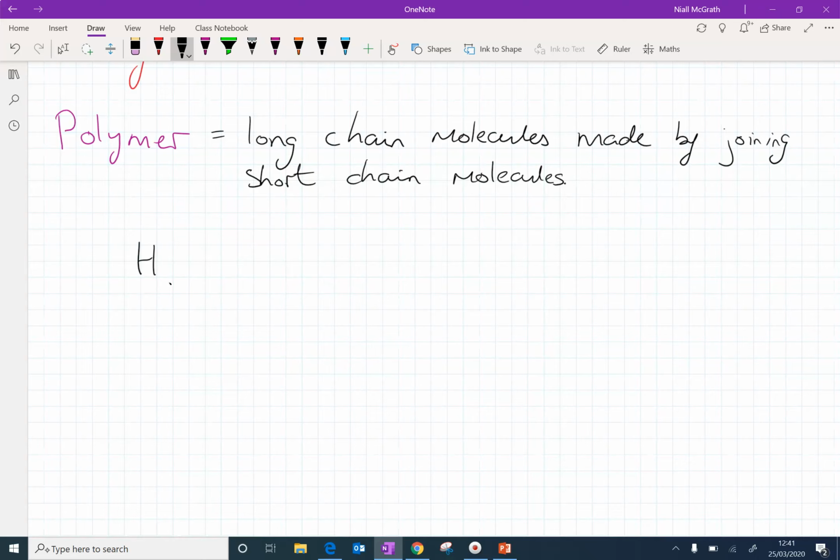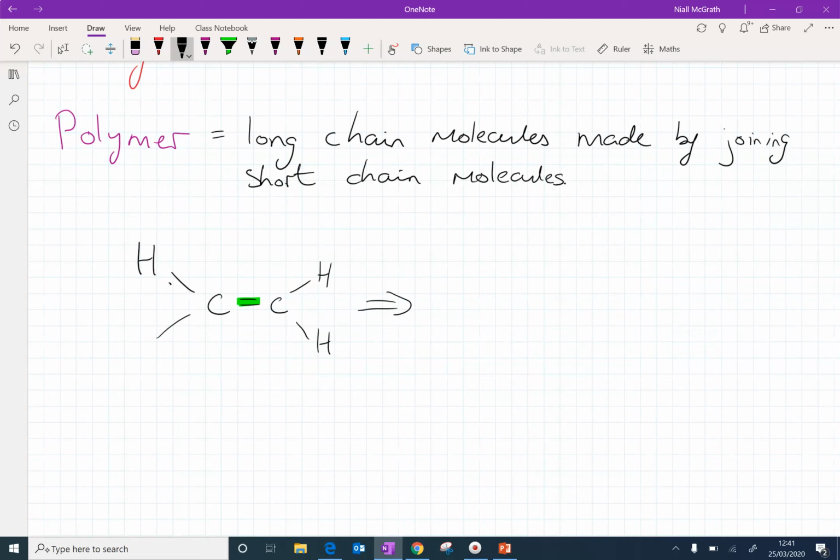Ethene, we've seen the structure of it already. When you join many of those together, this double bond doesn't exist anymore.